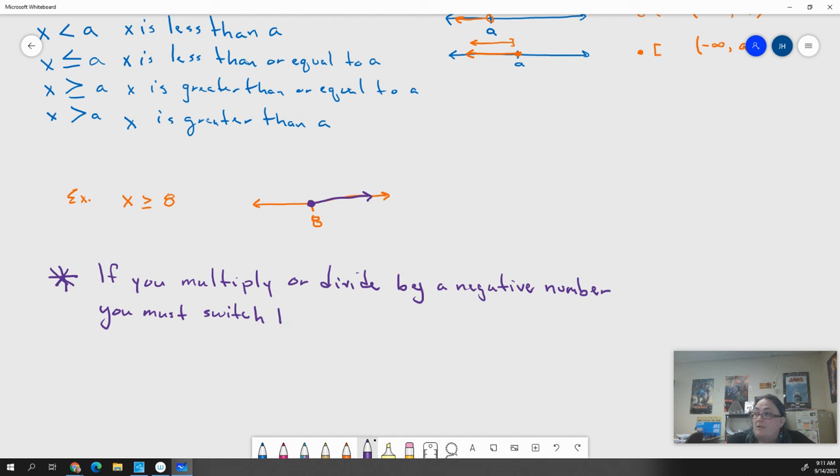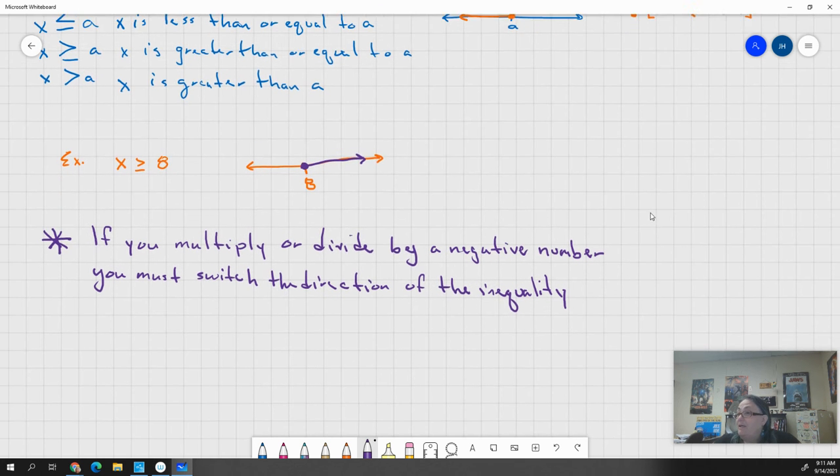Switch the direction of the inequality. You guys will mess this up because you all do all the time. I even do on occasion.